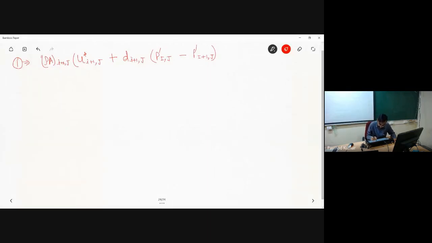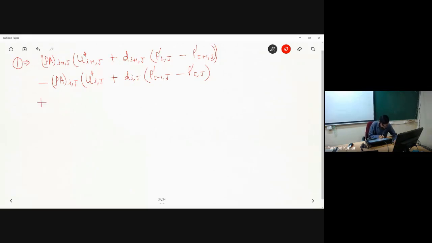Then what will be the next term? Please tell me. Rho a small I, capital J into u star small I capital J plus d small I capital J into p dash I minus 1 capital J. Have I written it correctly? Yes, sir.